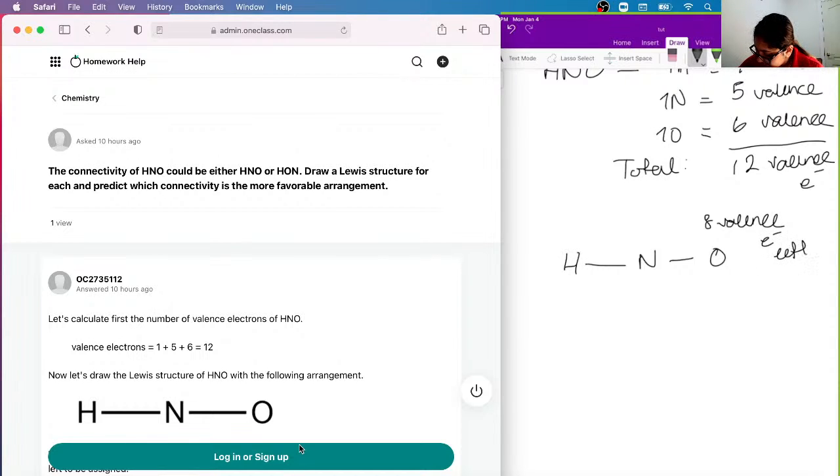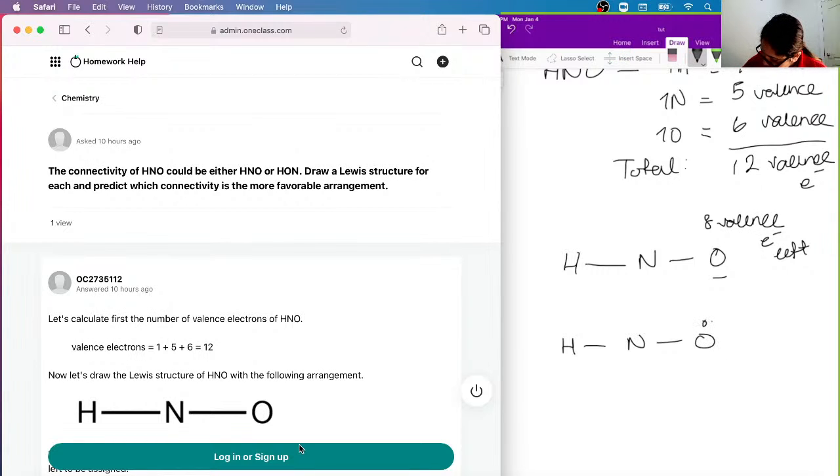So what we can do is complete the octet of the terminal oxygen right here, and add the remaining valence electrons to the nitrogen. Since hydrogen is already full, we can give the remaining electrons to the oxygen first and then to nitrogen.